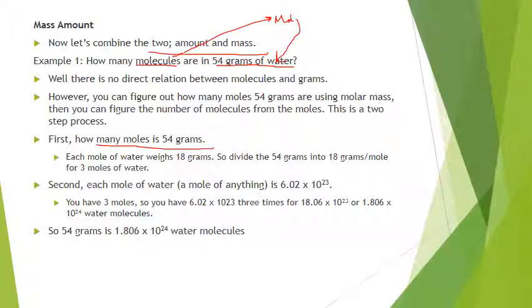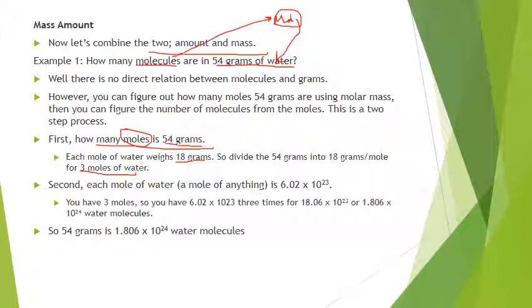Okay, each mole of water is 18 grams. So you divide this up into groups of 18, and you end up with 3 moles. So you're finding moles. You could also use dimensional analysis, and you come up with 3 moles.